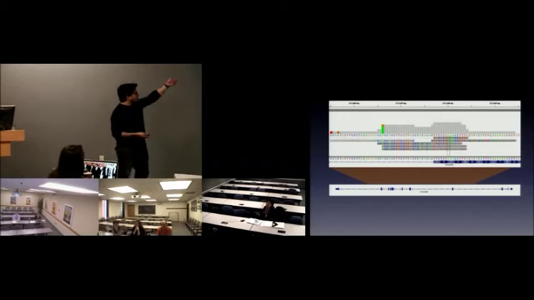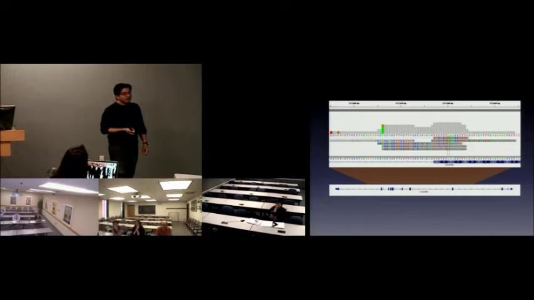And then at the top, we have our experimental data, the data from the machine. Each little read is a little sequence read that we got back from the machine, and they're all going to map to a certain position. And that little stack is your coverage, and the higher the coverage, the better, because if you're calling variants or mutations, the higher the coverage, the better. But it's also costlier.